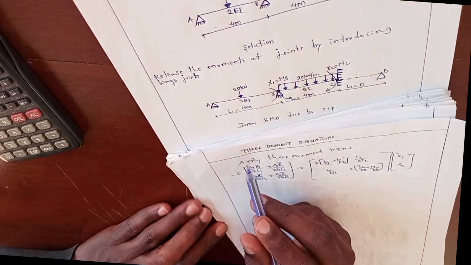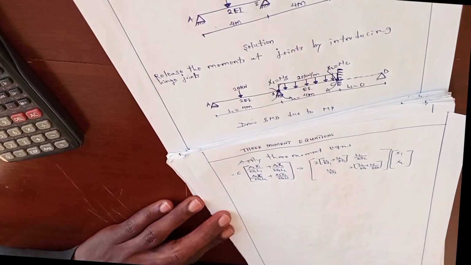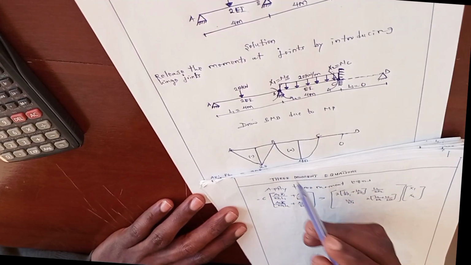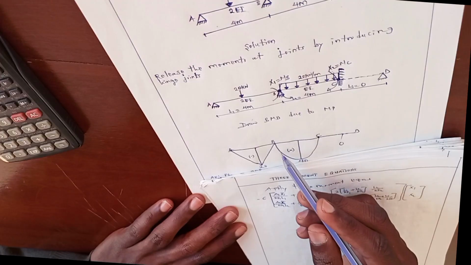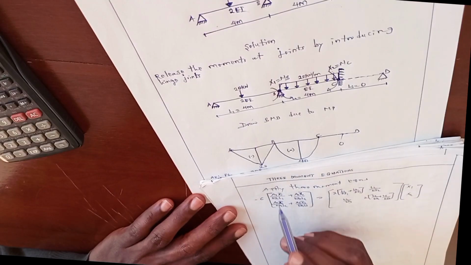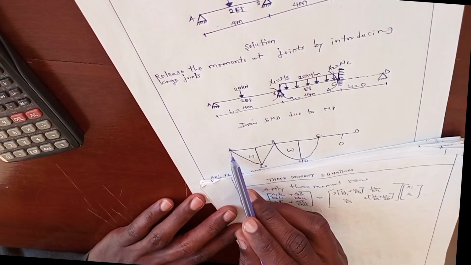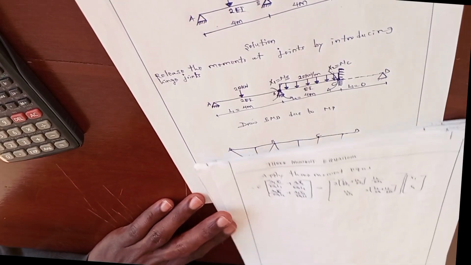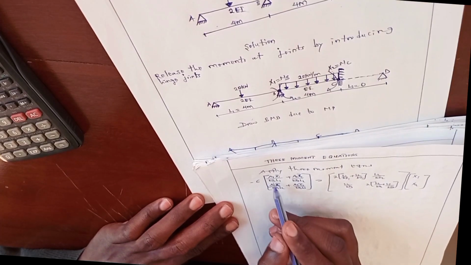Area 1 is the area of the bending moment diagram for member AB. Area 2 is the area of the bending moment diagram for member BC. Similarly for centroids, centroid 1 is for member AB and centroid 2 is for member BC. Now, how to obtain this area and centroid?